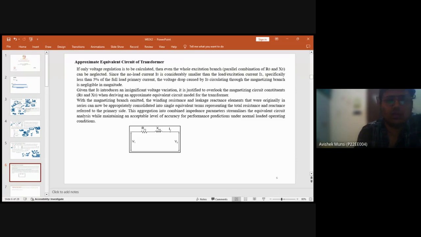So you can also simplify all of these into an approximate equivalent circuit. In the approximate equivalent circuit, we just put the equivalent resistance and the equivalent reactance.